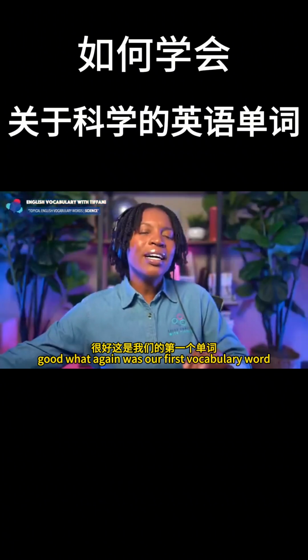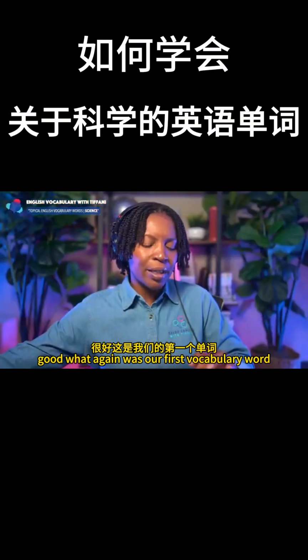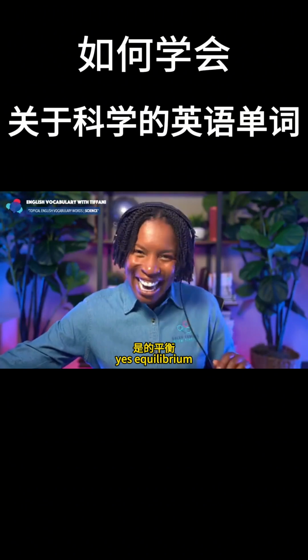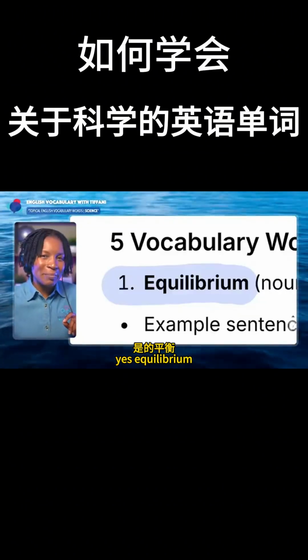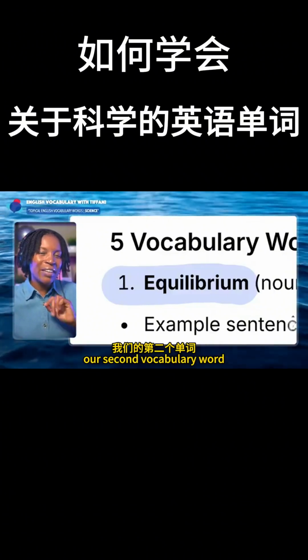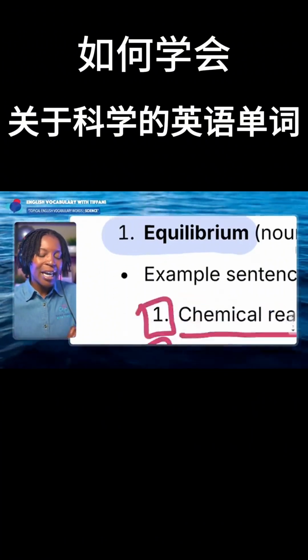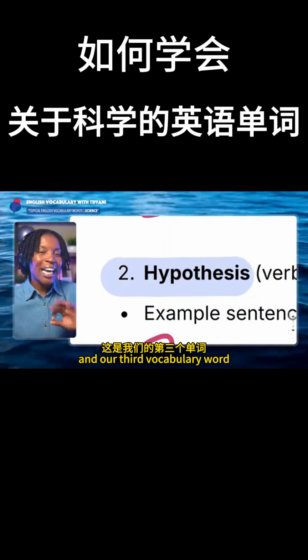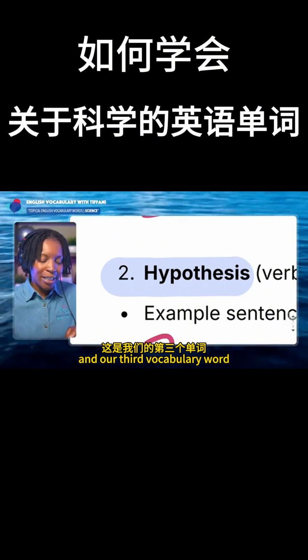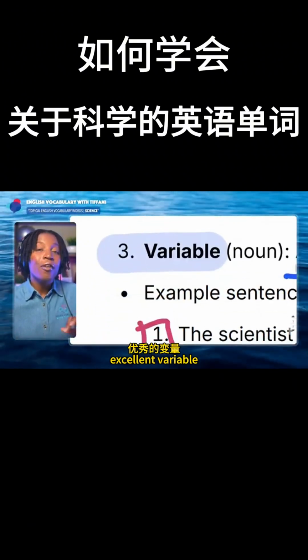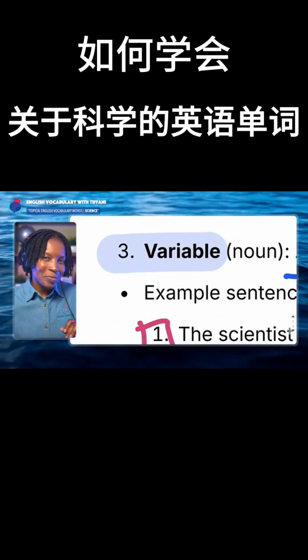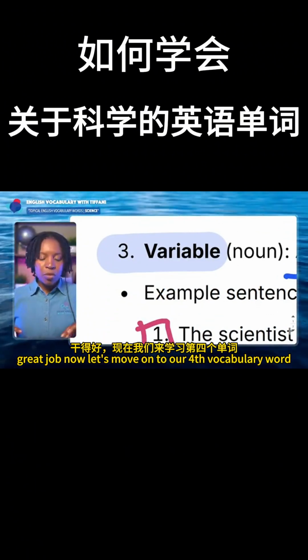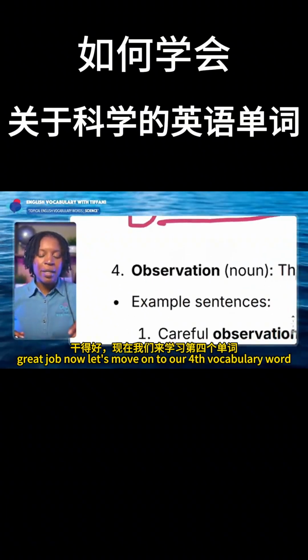Good. What again was our first vocabulary word? Yes, equilibrium. Our second vocabulary word? Excellent. Hypothesis. And our third vocabulary word? Excellent. Variable. Great job. Now let's move on to our fourth vocabulary word.